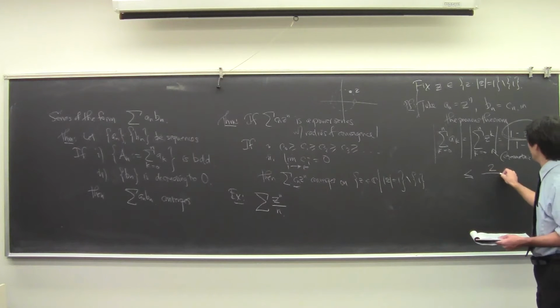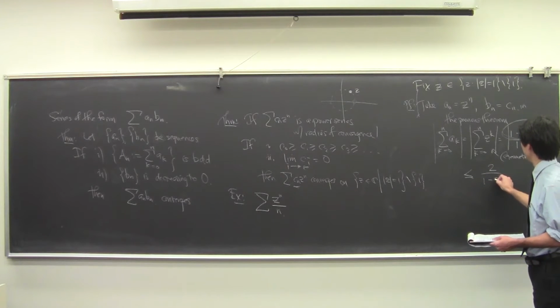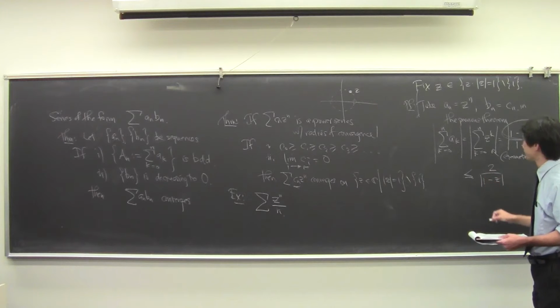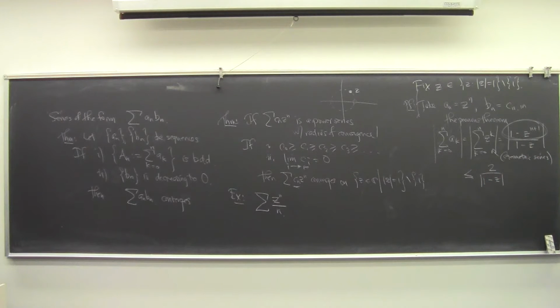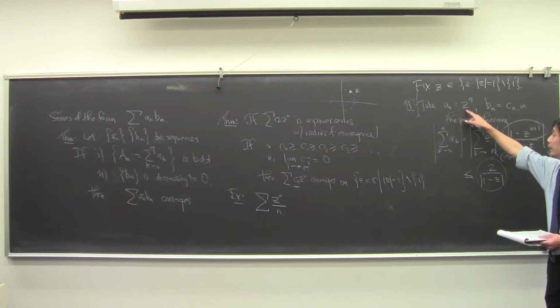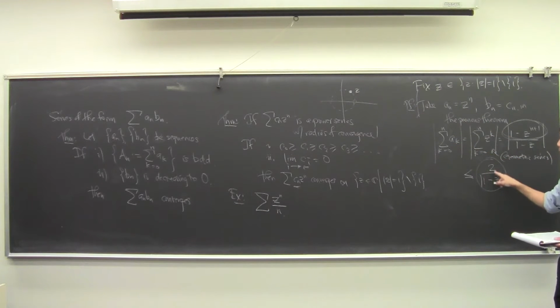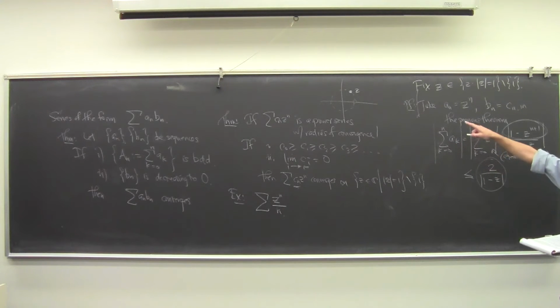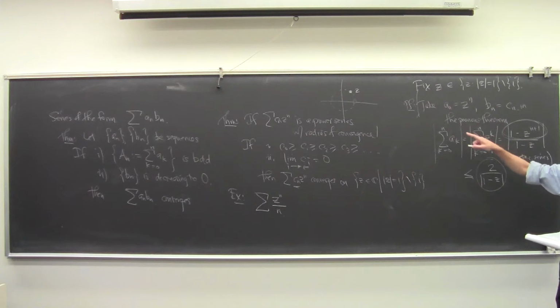Right, so the top is smaller than 2, and the bottom we're just going to leave as is. Okay, so you get some number, right? All of the partial sums of the z to the n are bounded by 2 over the distance between 1 and z.